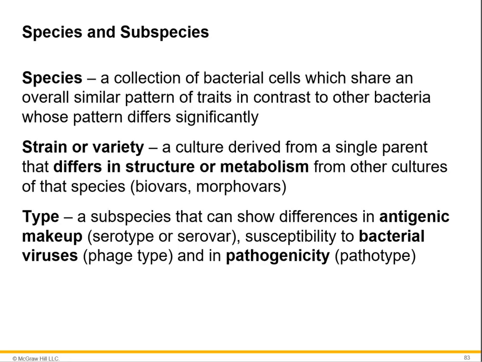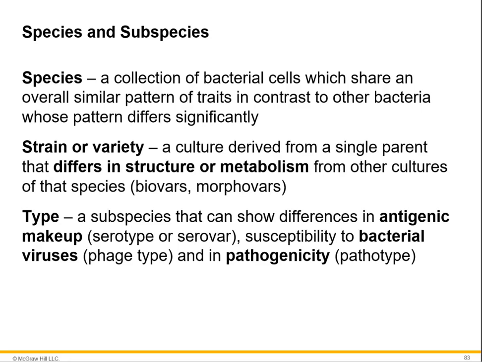And the reason we use this definition is because bacteria are multiplying quickly and they are accumulating mutations. So it's not uncommon for bacteria of the same species to look a little bit different depending on the mutations that they've acquired. When they look different enough, that's when we call it a strain or a variety. This is a culture that's derived from a single parent.